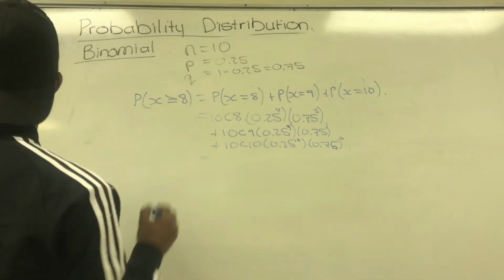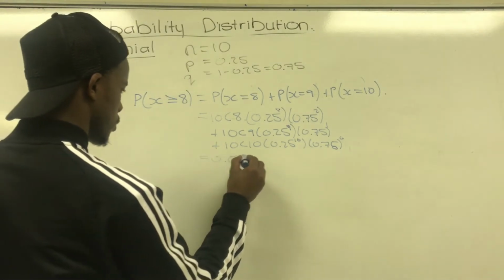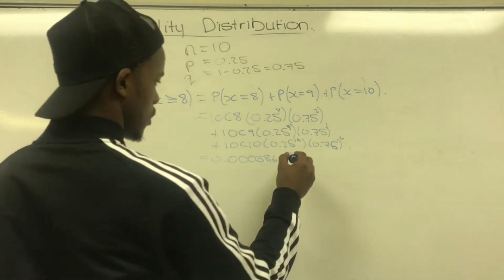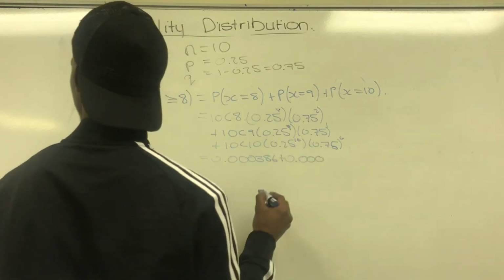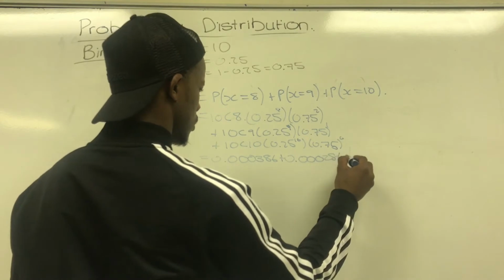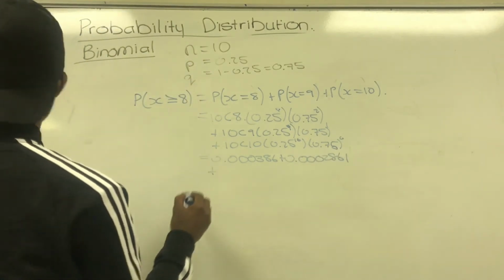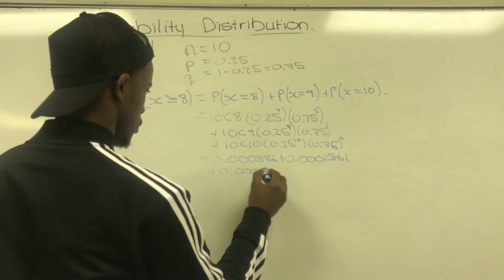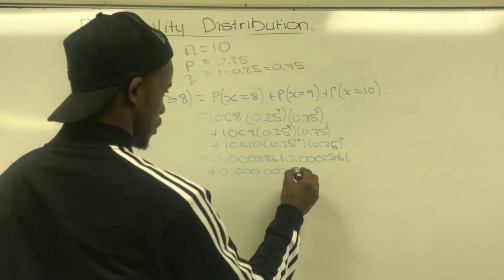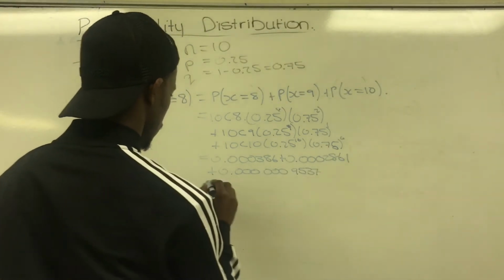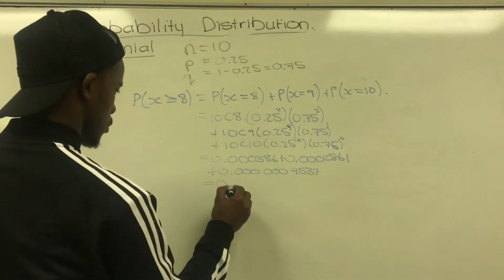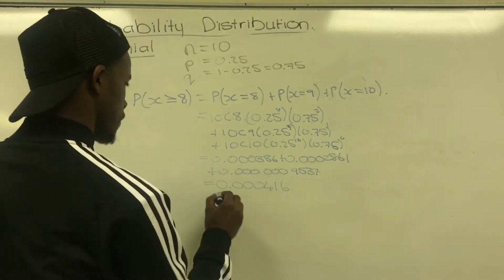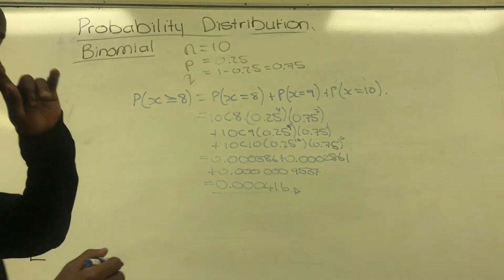Each of these will individually give you 0.000386, plus 0.0002861, plus the last one, 0.000009537, and altogether that should give you 0.000416. And that's your probability of x being at least 8.